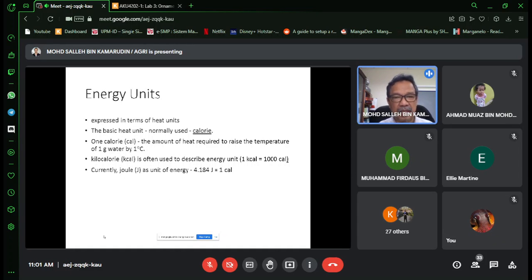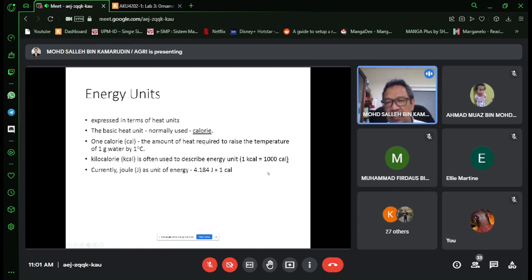Alright, energy are expressed in calorie biasanya, tapi of late banyak orang gunakan joule. And basically, satu kalori ni adalah amount of heat that is required to raise the temperature of 1 gram of water by 1 degree Celsius. So that's 1 calorie. And kilocalorie is often used to describe energy.